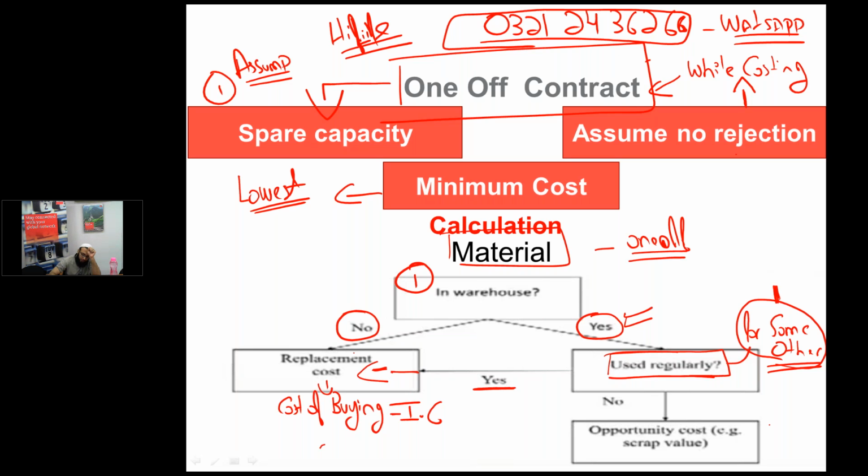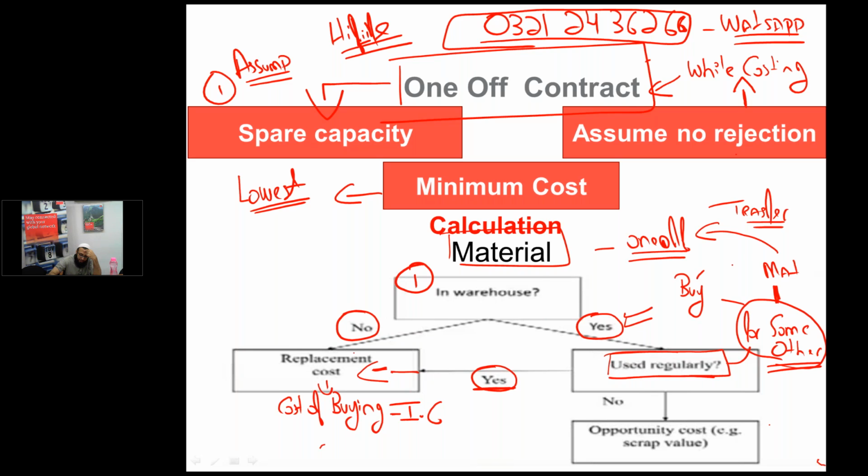So what you did was transfer that material from the other work to the one-off contract. Transferred. Now you will buy the material for that other work, because you have given it to the one-off contract.